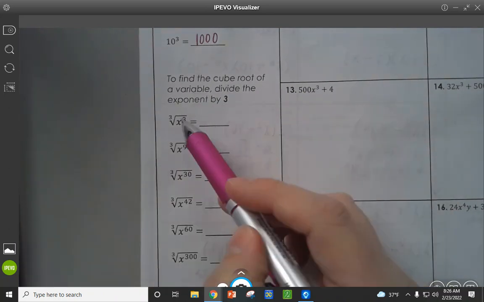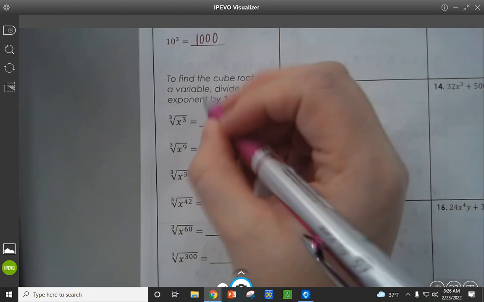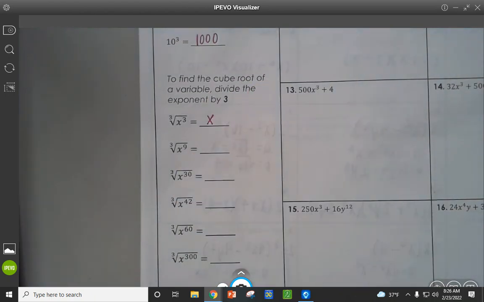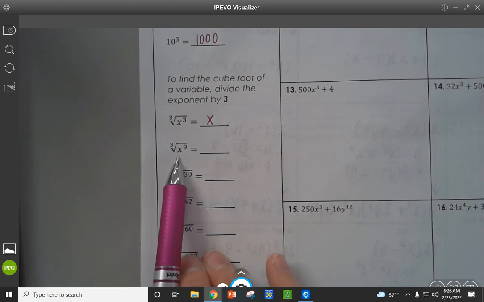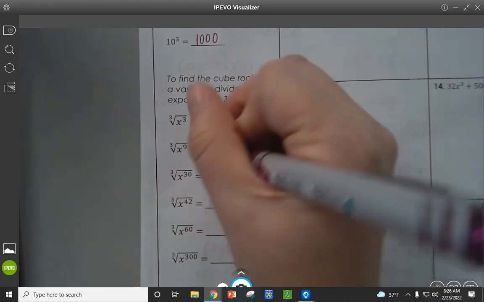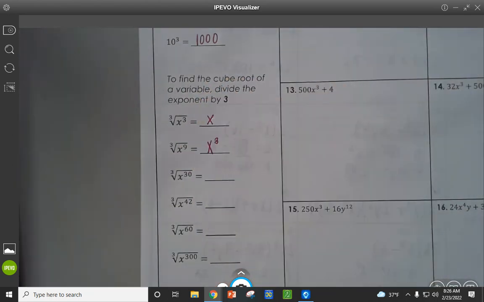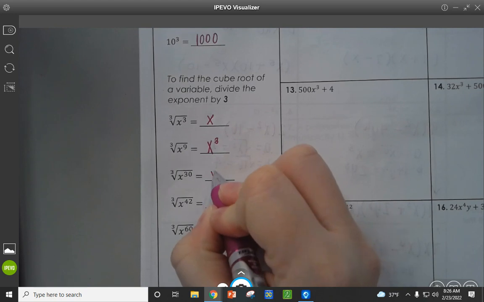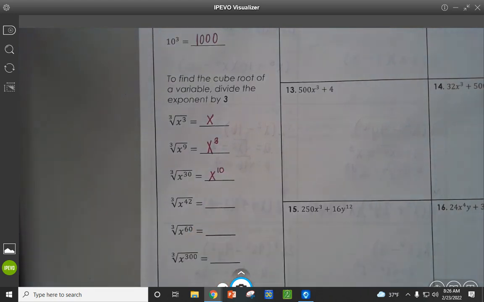So the cubed root of x cubed would be x to the first, or just x. The cubed root of x to the 9th would be x cubed. What about the cubed root of x to the 30th? Yep, x to the 10th.